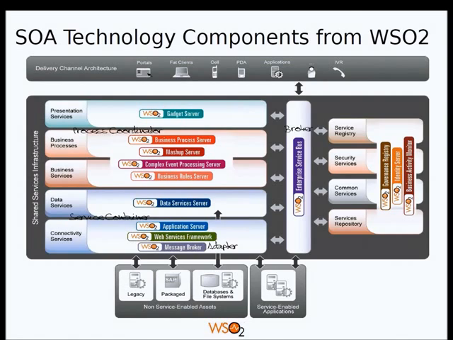You also have the WSO2 Business Process Server that can act as your process coordinator. It runs BPEL scripts, and in the near future, it will also be able to handle human tasks. And then you've got all of the other services that we talked about. You've got the Business Rules Server, you've got the Data Services Server, and so on. So here's what a full tool suite would look like.